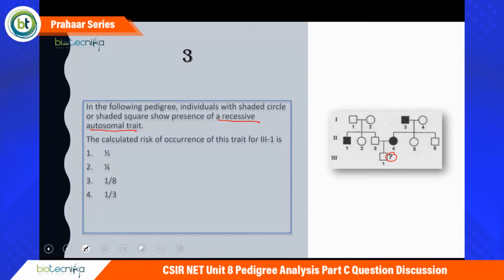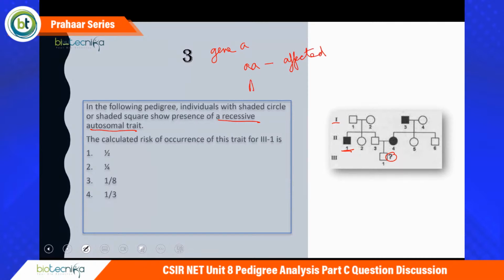All right. So what do we have here? Okay, so this is autosomal recessive. So अगर यहाँ पे 2-1 affected है, okay, so what does it tell us about the genotype of 1-1 and 1-2? So if 2-1 is affected, let's say that this gene is A. Anybody who is homozygous recessive will be affected.